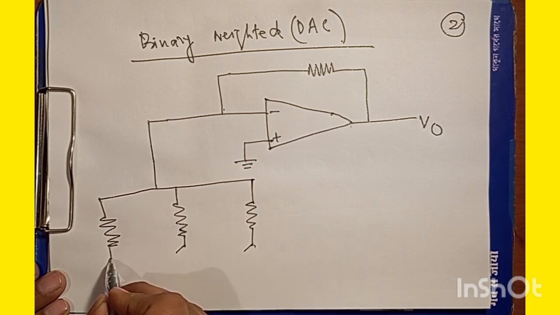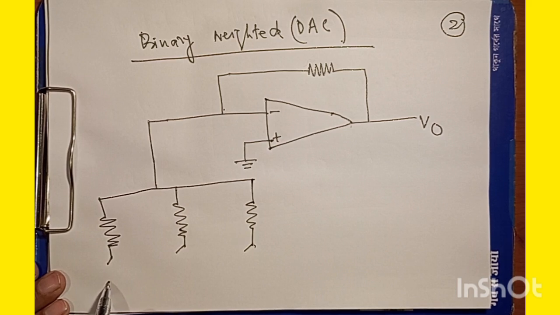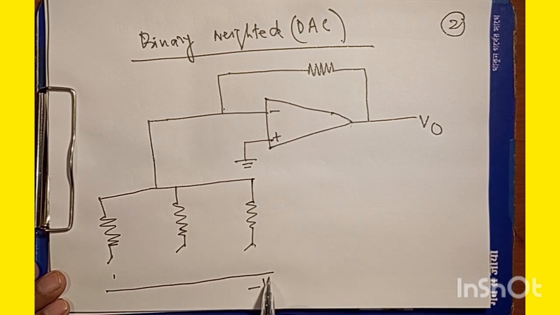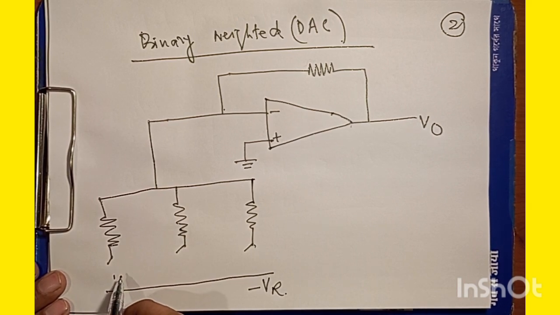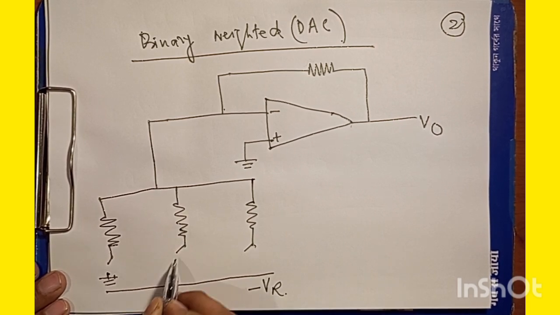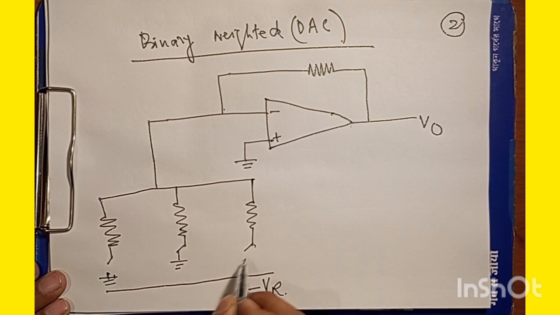Let me have a negative supply, what I will call minus VR, available to these resistors. Now here I have a ground, and here, and here.